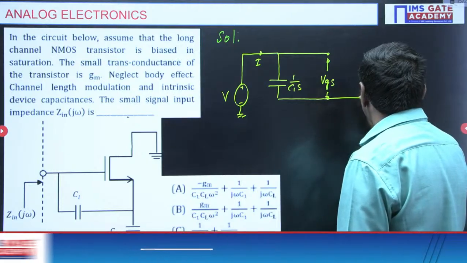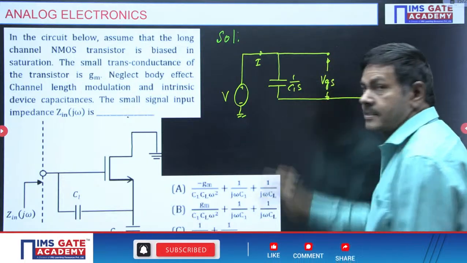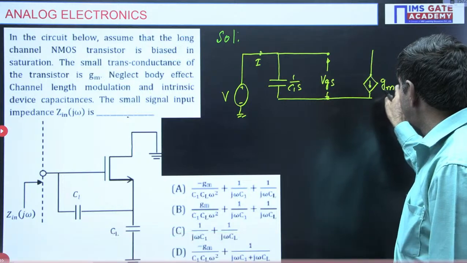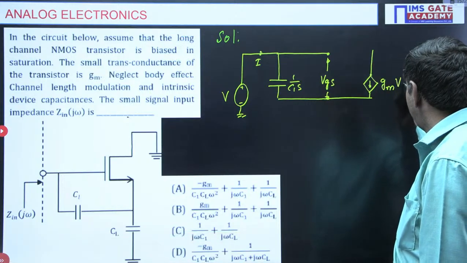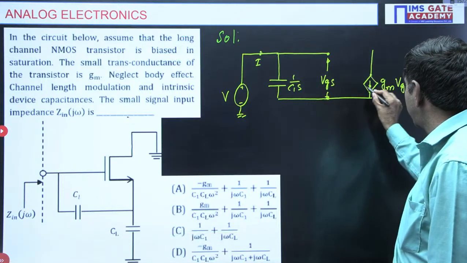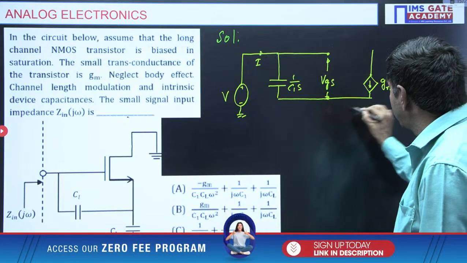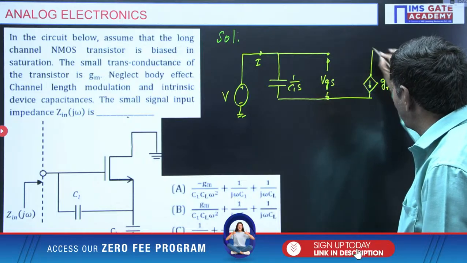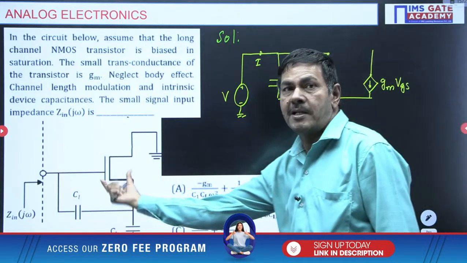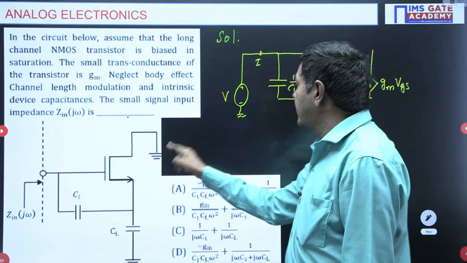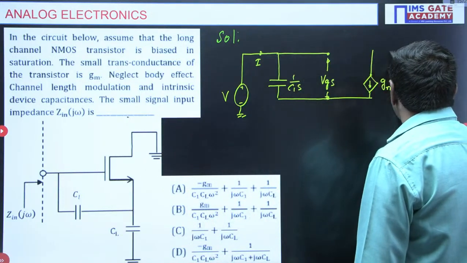This current depends upon this voltage VGS. What do you have to multiply to get the current? gm you have to multiply. Anyhow, this circuit is nothing but the AC equivalent circuit of the MOSFET. Catching my point now. And this drain is connected to the ground.